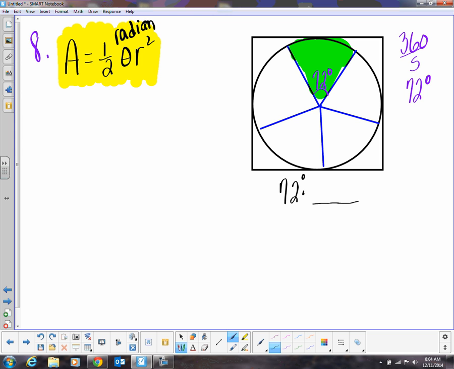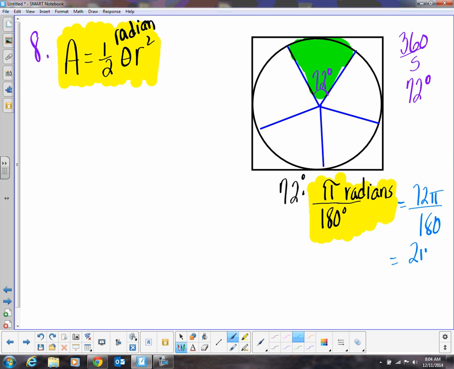Do you remember how to do that? 72 times pi over 180. Radians on top, 180 degrees on the bottom, and we do the reverse if it were the other way around. This is a conversion you need to know. So this is going to end up to be 72 pi over 180 radians, and that reduces to 2 pi over 5.